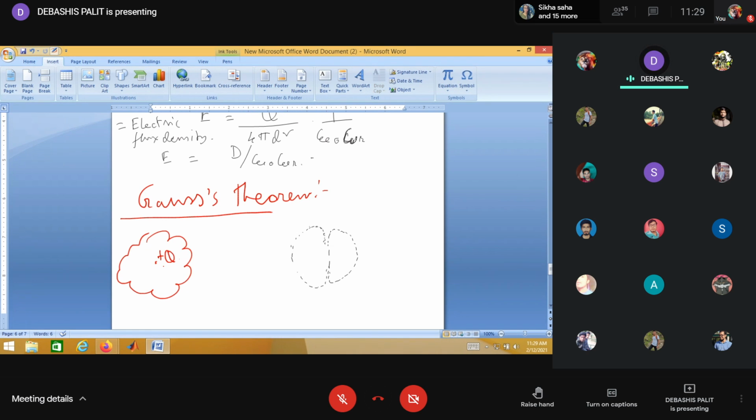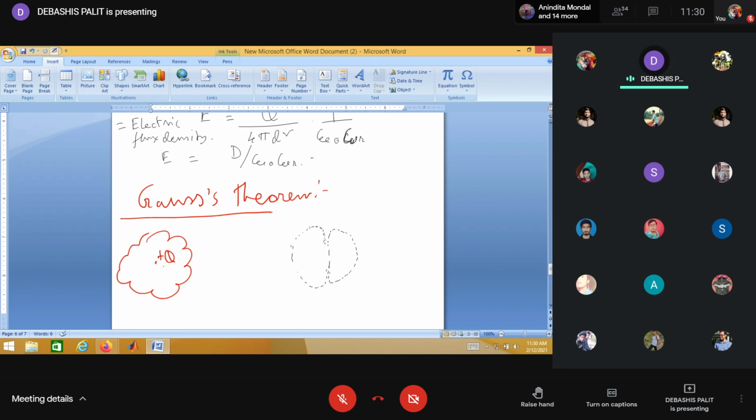The shape of the surface and the location of the charge are immaterial. Then the theorem states that the total flux or electric charge coming out from the surface is equal to the total algebraic sum of the charges inside the surface.